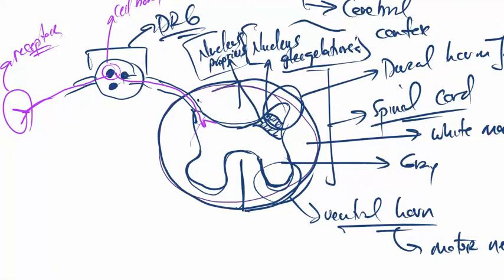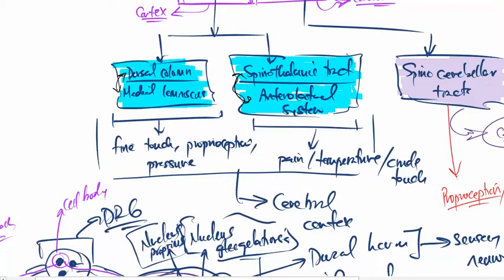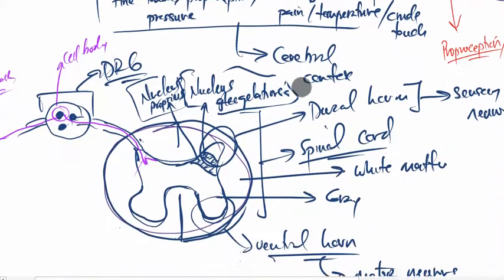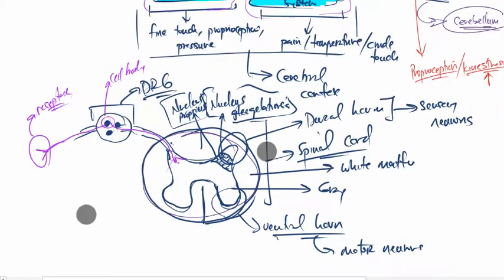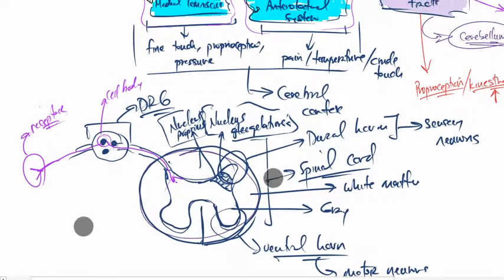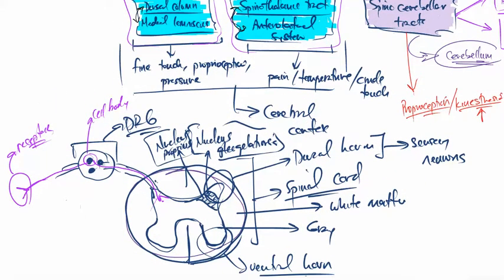Depending on which track or pathway we're dealing with, we might synapse here, or we might not synapse and just go directly up. Depending on which track we're talking about, it can differ.